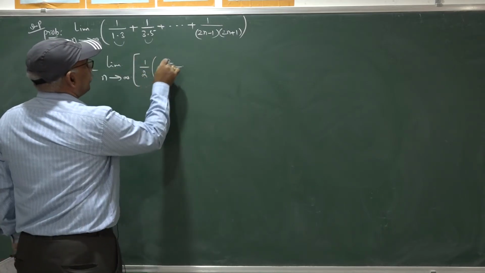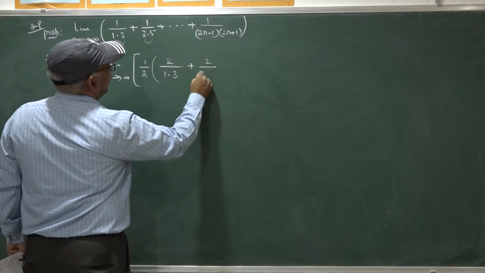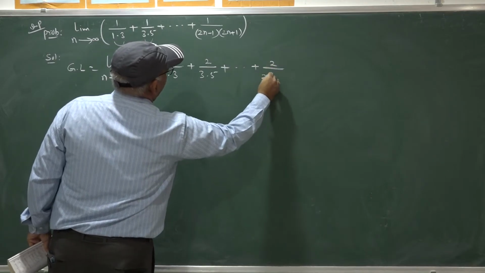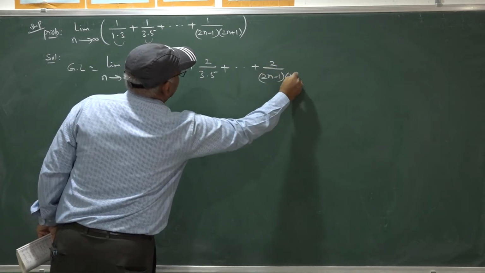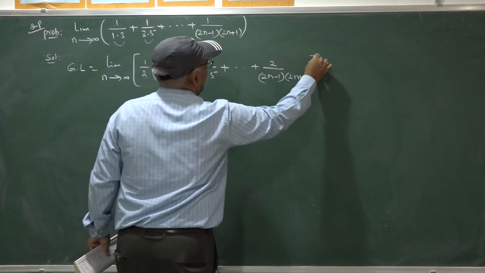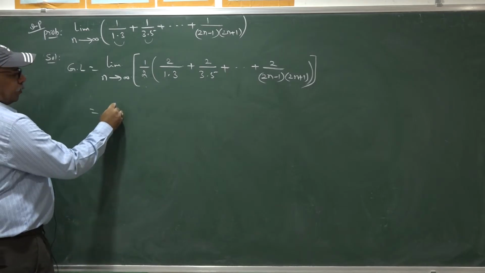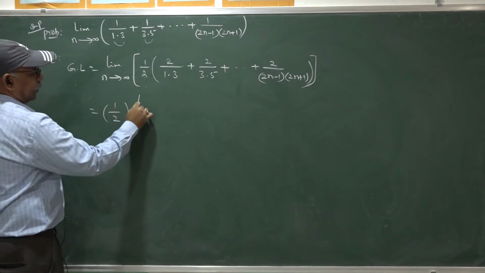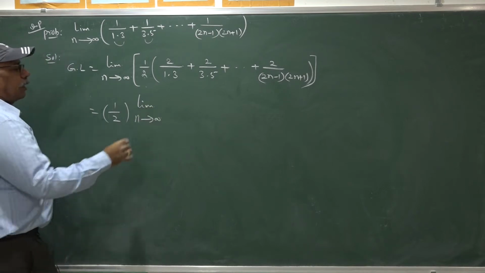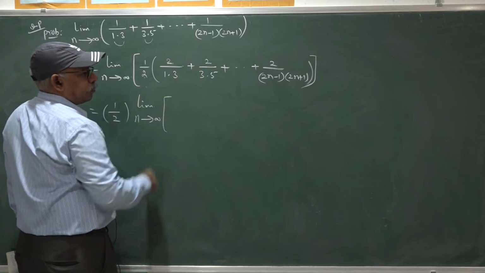So, 1 by 2 into 2 by 1 into 3 plus 2 by 3 into 5 and so on, 2 by 2n minus 1 into 2n plus 1. Now, it may be written as 1 by 2 into limit as n goes to infinity, 2 by 1 into 3.